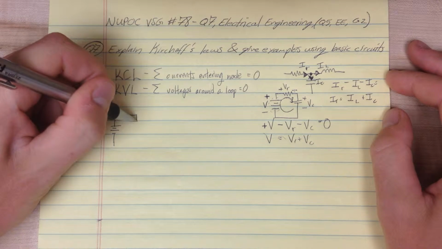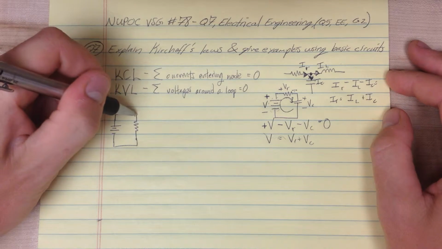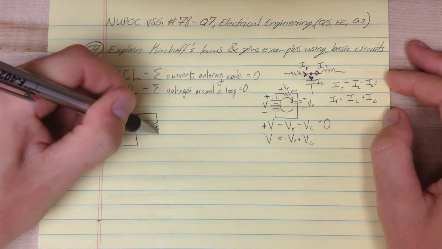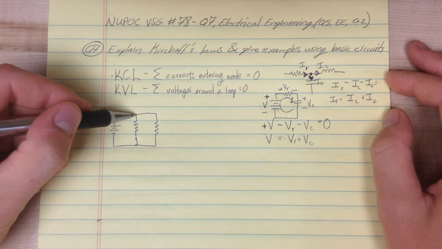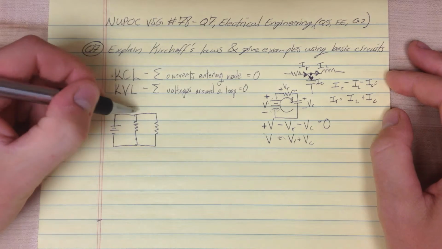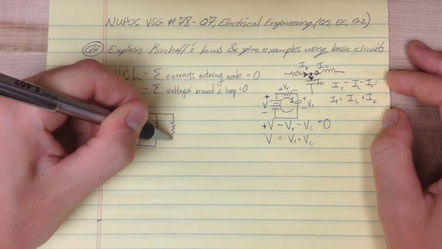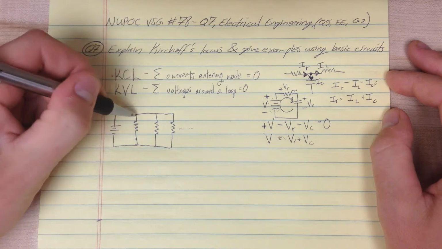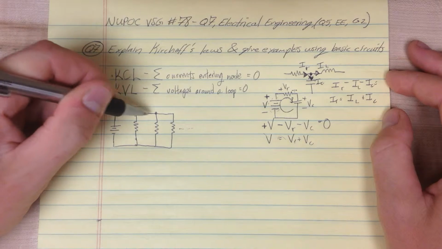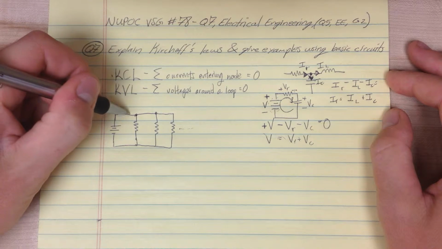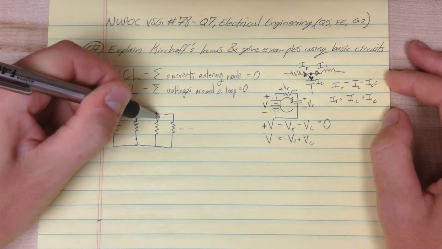So in general, if you have a circuit that has a lot of things connected in parallel, it makes more sense to use KCL because you have some node. Or if I even had another resistor here, or however many resistors, I've got a node here and a node here. So I can sum all the currents at this node and then sum all the currents at this node.